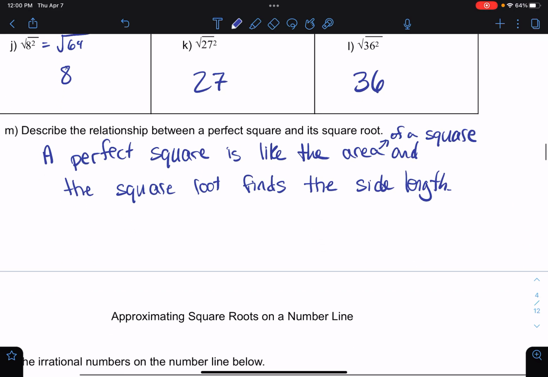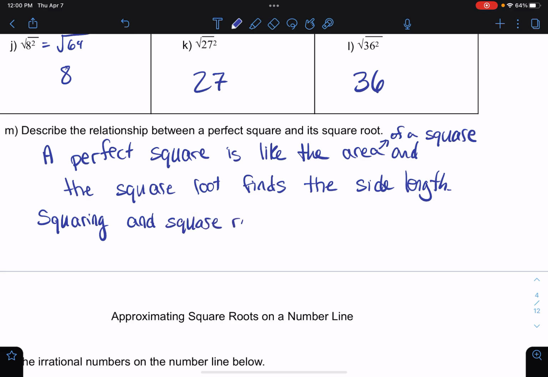And then we could even add that squaring and square roots are inverses. Okay, feel free to pause the video if you need more time on that.